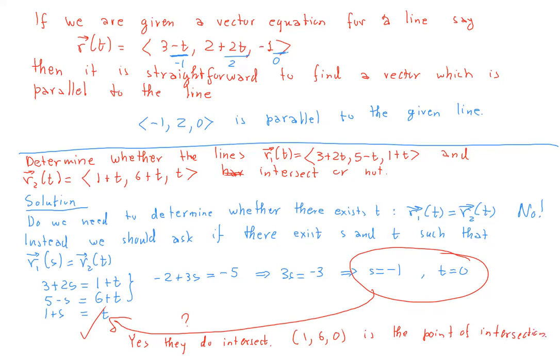Okay, so now let me just repeat how I got this equation. I subtract the second equation from the first. So I subtract the left-hand side of the first. So I get, for example, 3 minus 5 is -2. 2s minus -s is 3s, and so on.